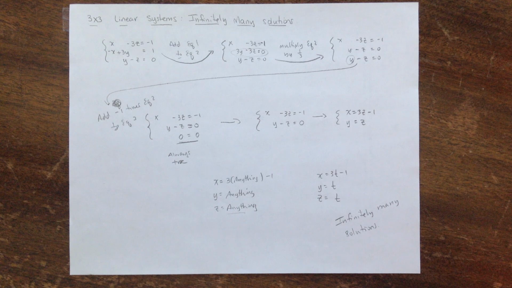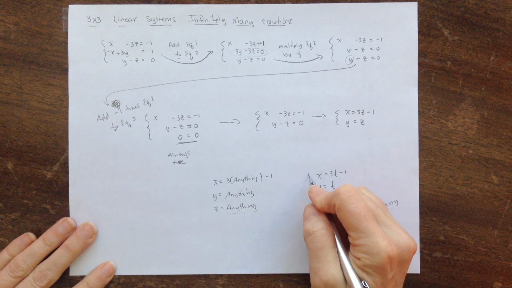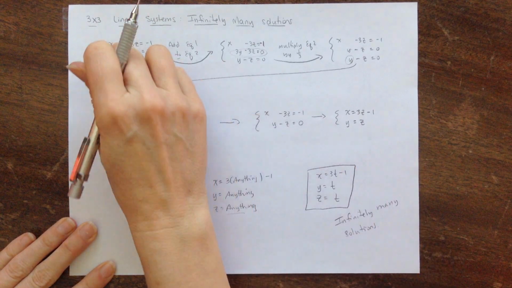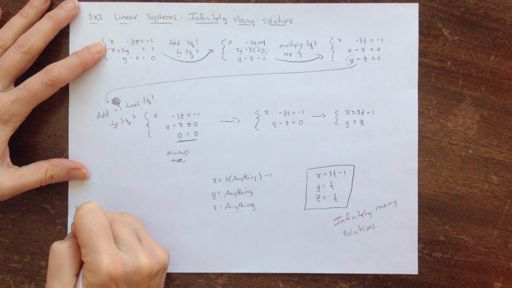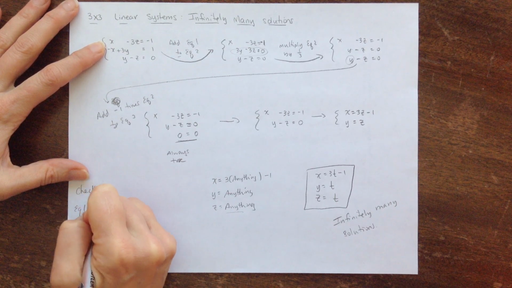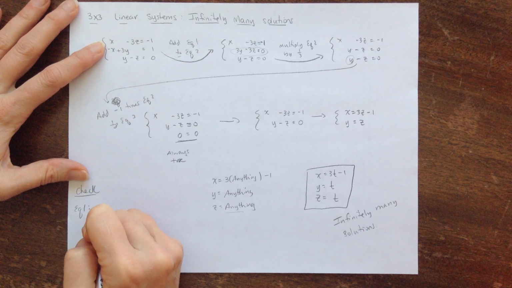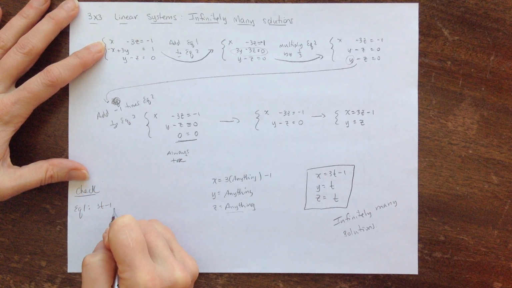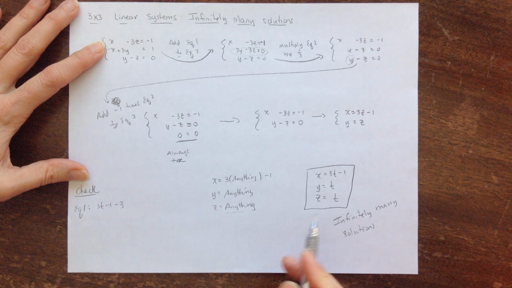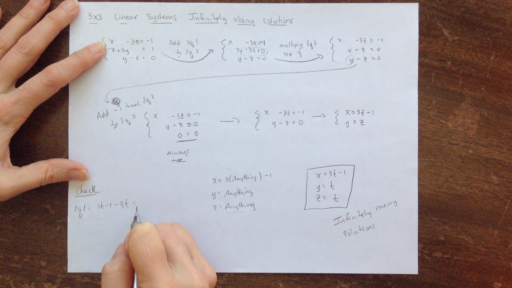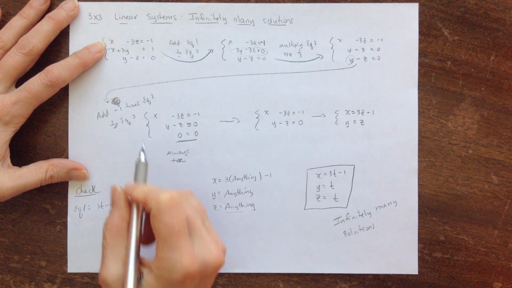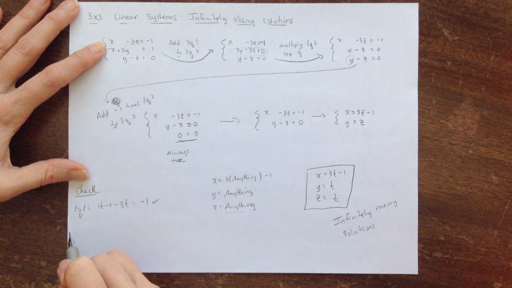And what's nice about this is you can actually check this by plugging this solution back into the original system. So the first equation says, this will be my check, you take x, that's 3t minus 1, take away 3 times z, which is t, and see what you get. 3t minus 3t is -1, and that's what it says on the right hand side, so that works.